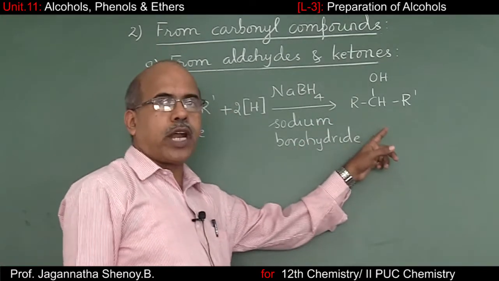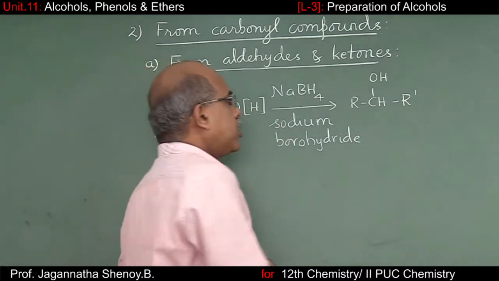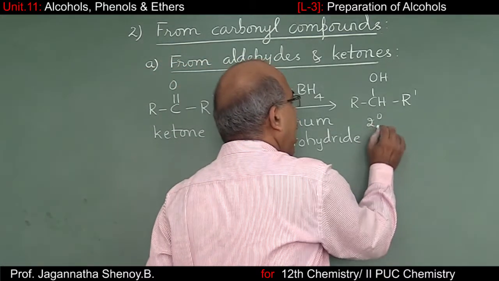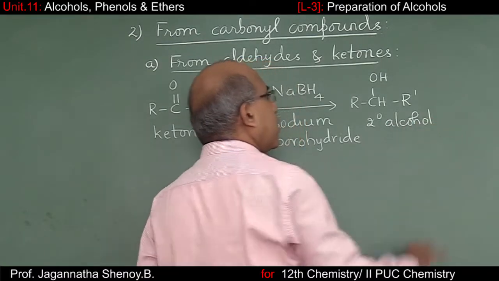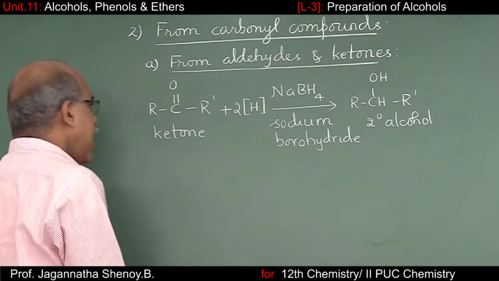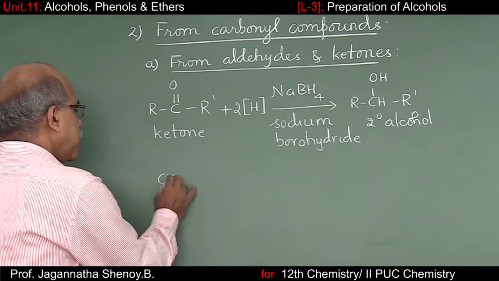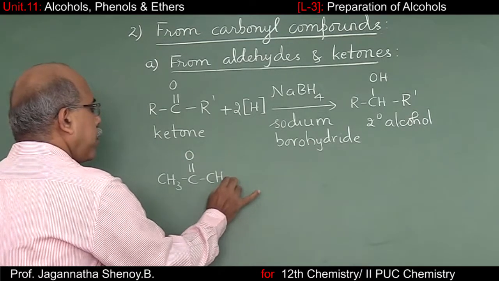So what is the product of reduction of any ketone? It should be a secondary alcohol. Let us consider a particular example. Say I'll start from acetone. It is also called propanone.